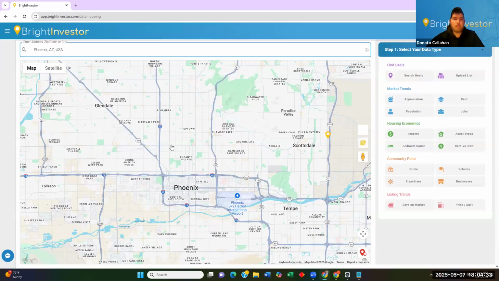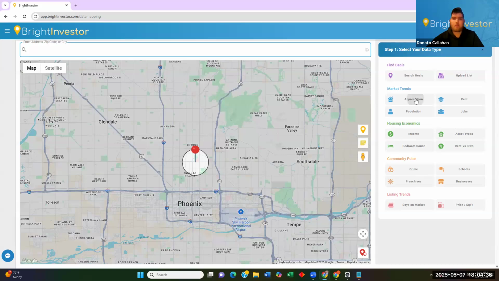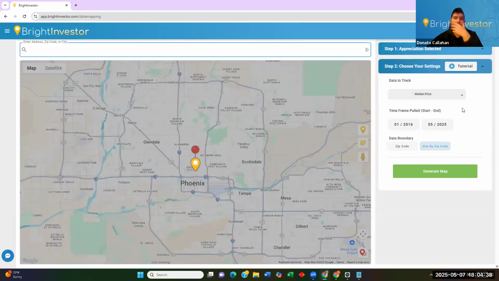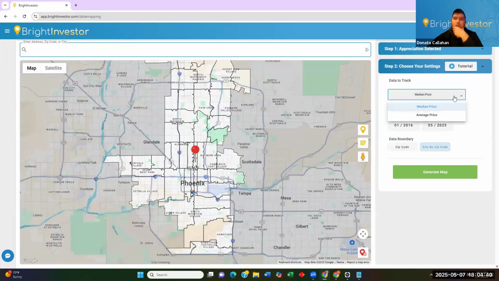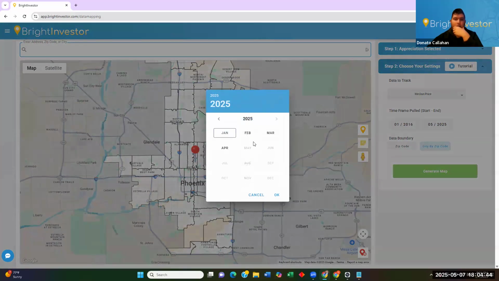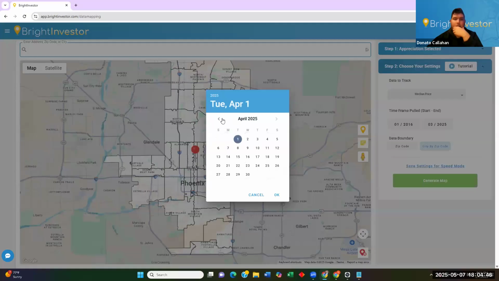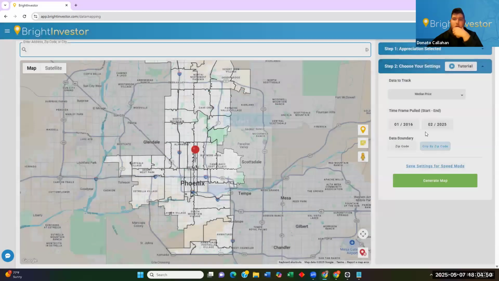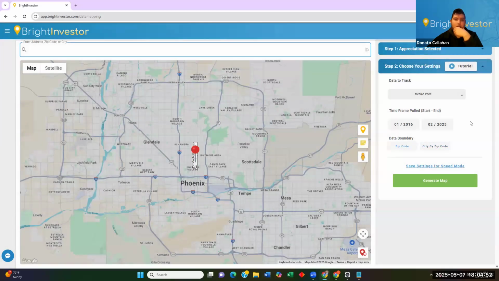If you're someone who says, every time I look up appreciation, I always want the median home price as opposed to the average, I always want this window of time as opposed to anything else, and maybe I'm always interested in this zip code as opposed to the entire city by zip code.